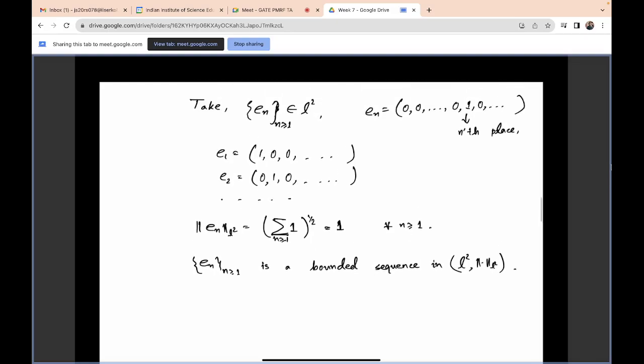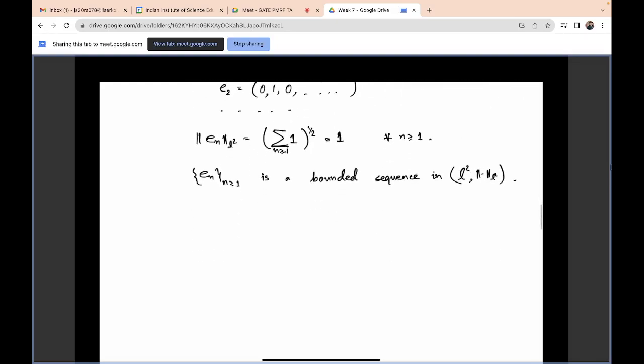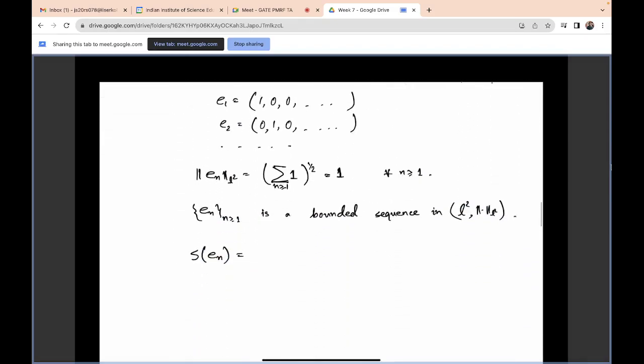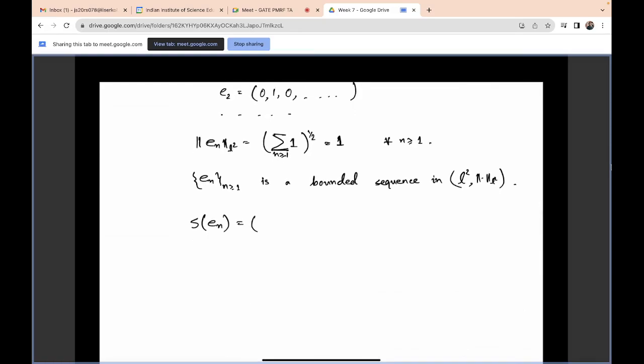Now we have to apply S on this sequence. So what will be S of En? S basically shifts by one place to the right. So S of 0 0 0 0 0 0 1 0 0 0 0 will shift by 1.